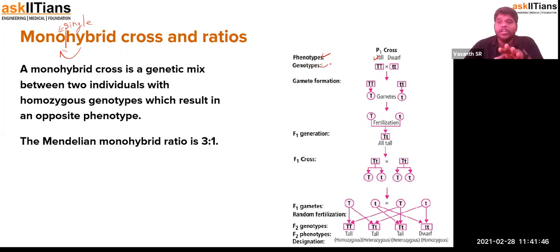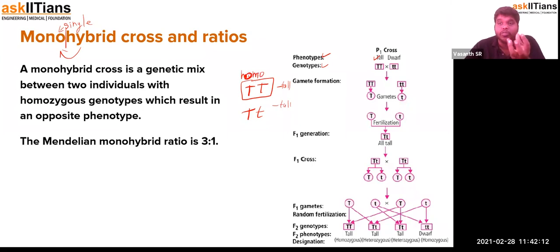So if you see, tallness can be capital T, capital T, and tallness can also be capital T, small t. If you see the growth of this plant, both of them will be tall. Phenotypically they both will be the same, but genetic constitution wise they are different. How? Anything which is the same is called homo.